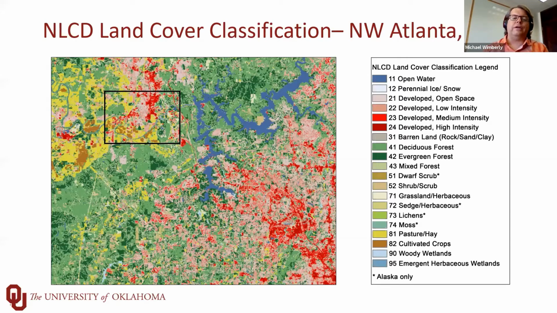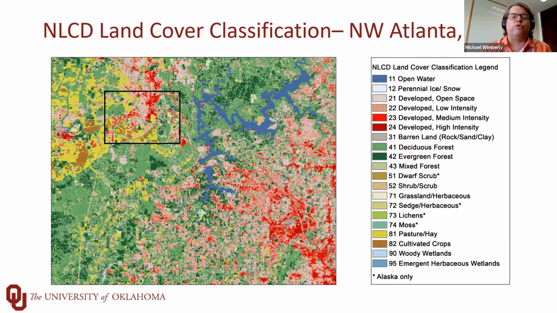So let's start and maybe think about land cover a little bit. Like a lot of geographic phenomena, one of the best ways to start thinking about and understanding land cover is to just look at it. These are some data from Northwest Atlanta, Georgia in the US from the National Land Cover Database.